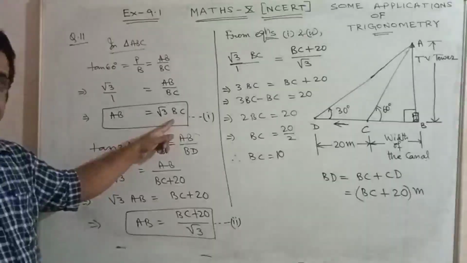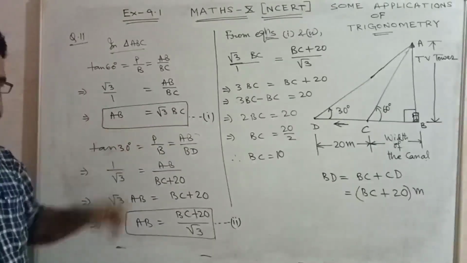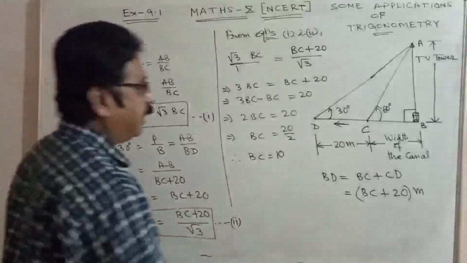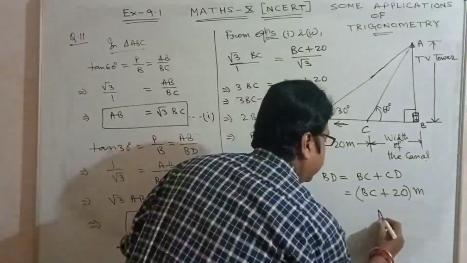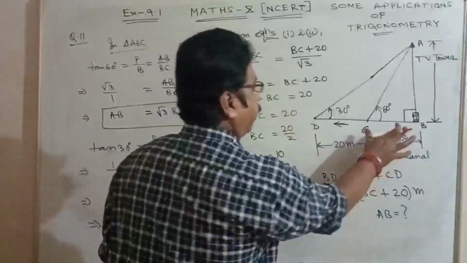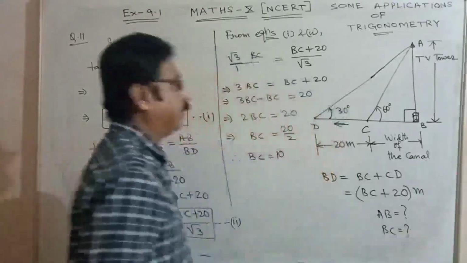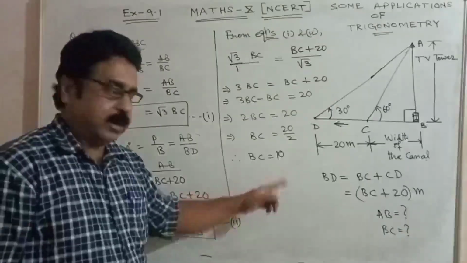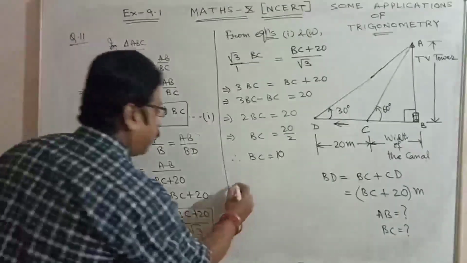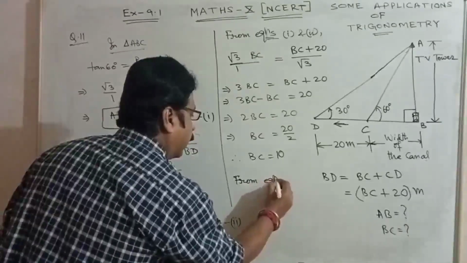BC value we got. If we put here BC equals to 10, we can get AB. Here we have to find AB is how much and BC is how much. BC we got from equation 1.